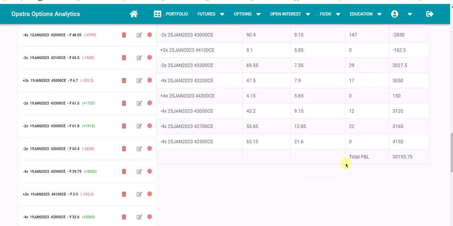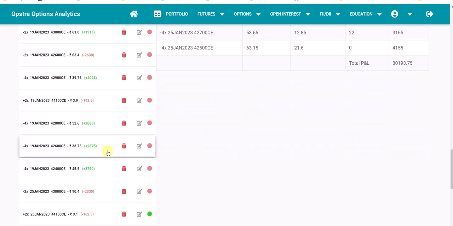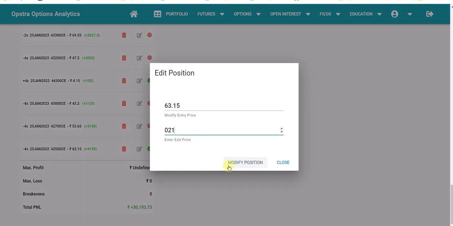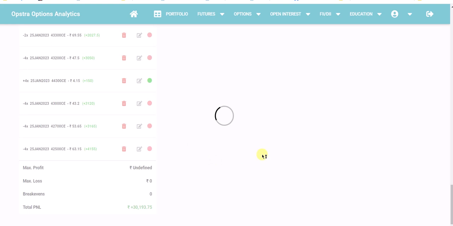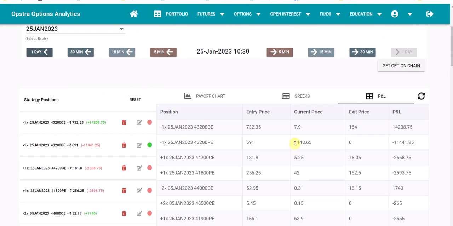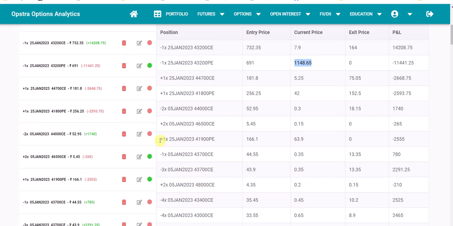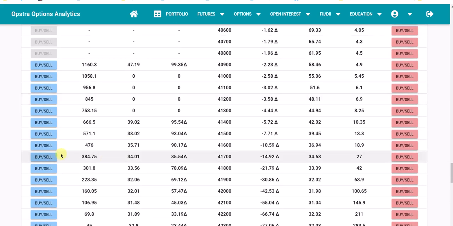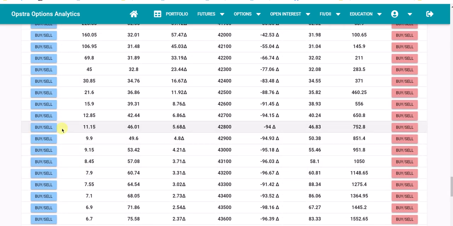Oh, there is a sudden fall. I'm not sure what has happened, and I think we can take a risk of 100 with 4 lots. 1:10.